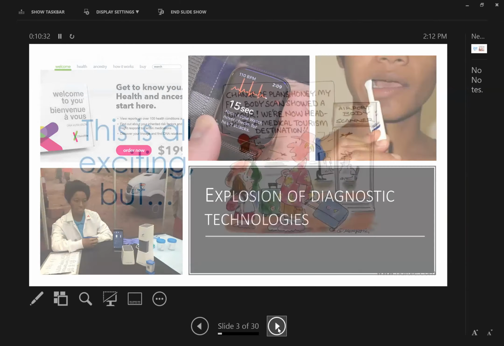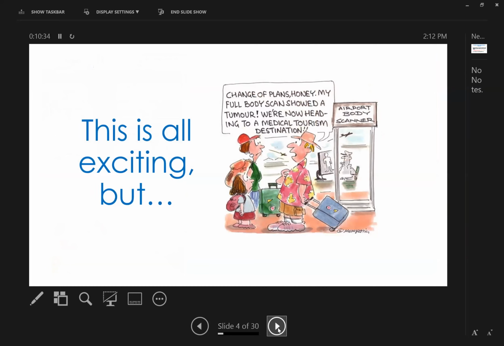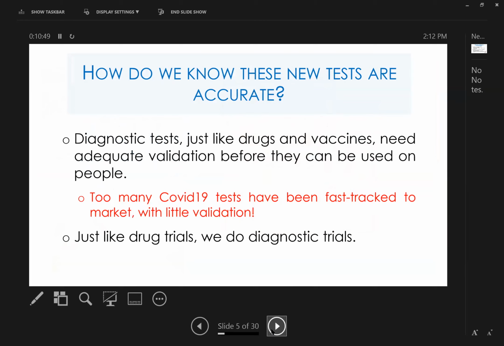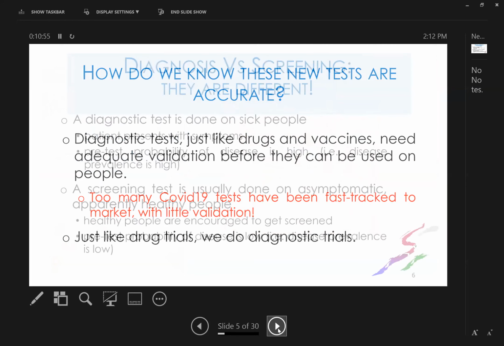And it's important to know whether these tests work or not. And I was giving you the airport scanner analogy to show how even an airport scanner has its own false positives and false negatives. And therefore, we should validate all diagnostic technologies, right? And too many COVID tests have been introduced without adequate validation.